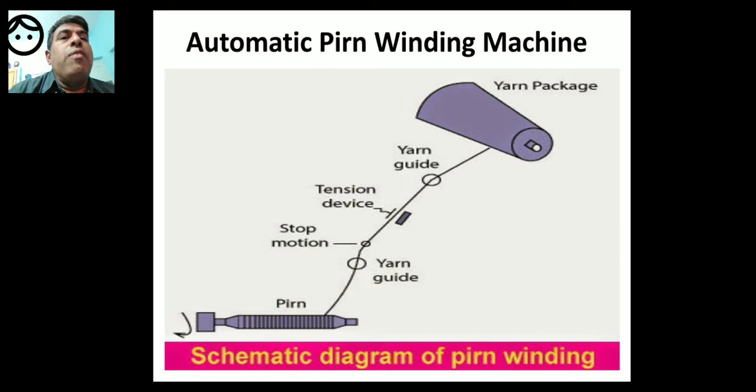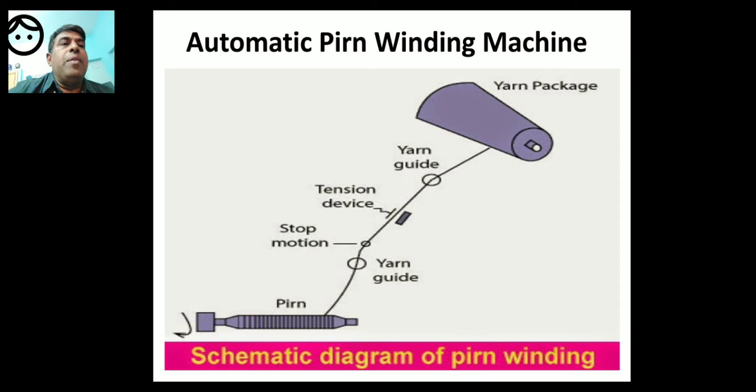So what is the big package? It is cone or cheese. So in the automatic pern winding machine, the cone or cheese, which is a big package, is converted into a compact pern, which is a small package, and this process is known as weft winding or pern winding.